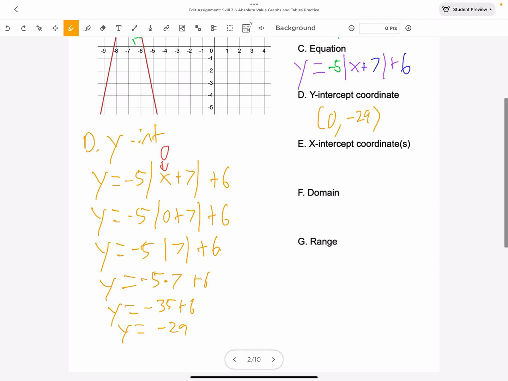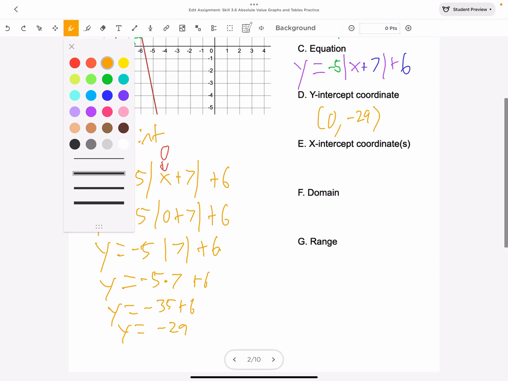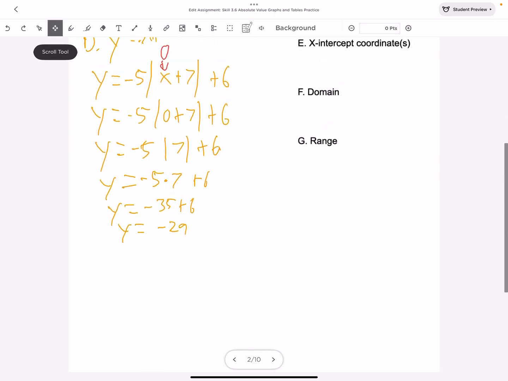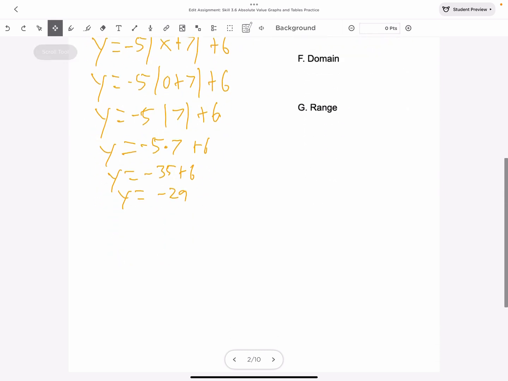All right, my x-intercepts, I'll do these in light green. Sure, why not light green? So this is E. Once again, I start with the equation. Y is equal to -5 times the absolute value of x plus 7, plus 6.